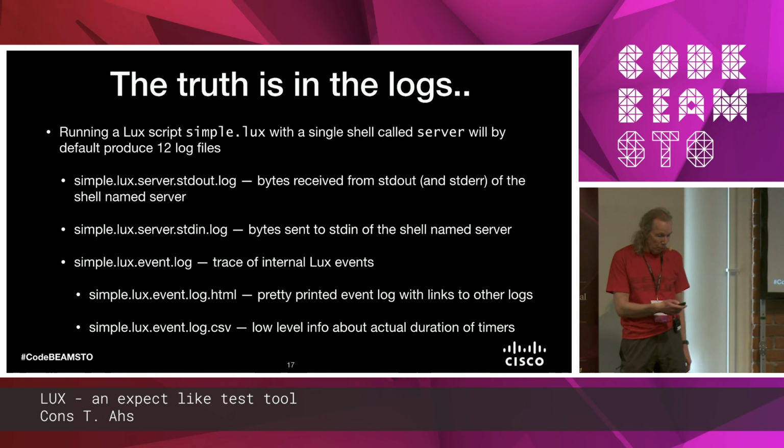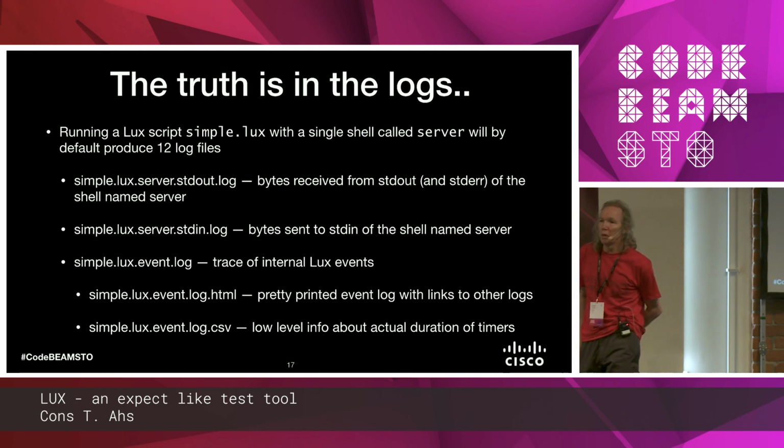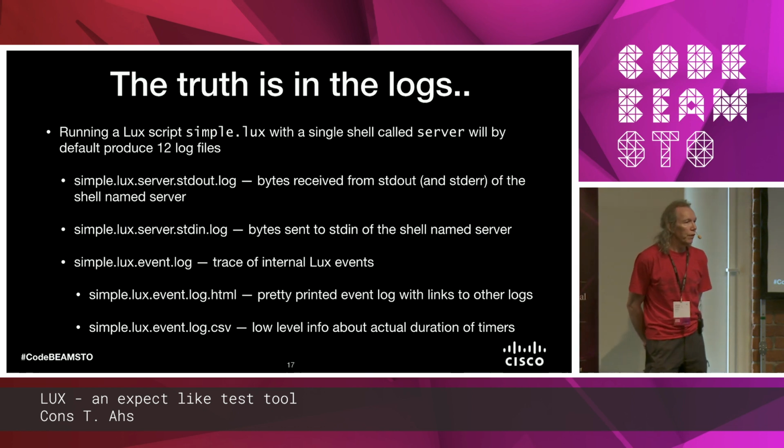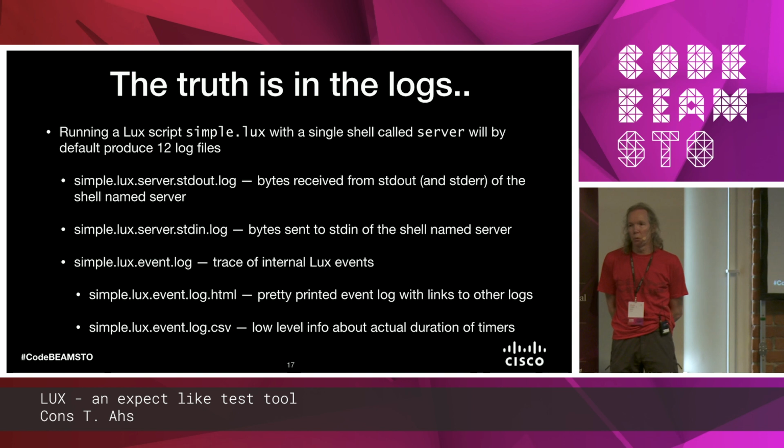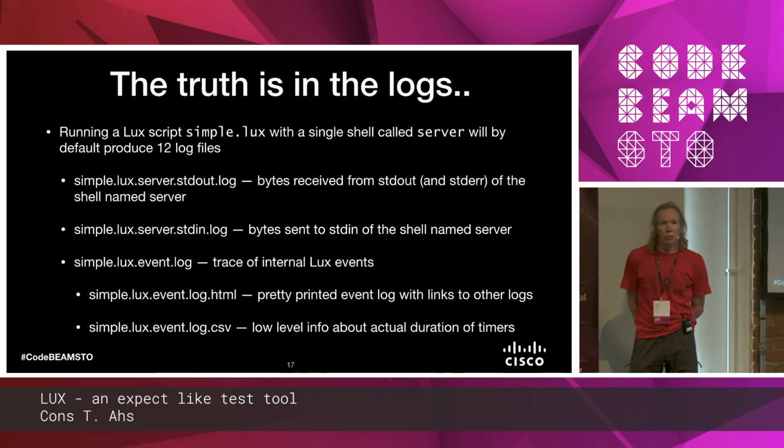And I'd say the most commonly used, at least by me, is the standard out log, because the standard out log will show you every interaction that has happened in that shell. So you will see what has been input and what has been output. And you can see why it failed to match and what happened before, and see if there's something that happened before that you missed. Maybe there was an error happening that was output, and that's why you're not matching.